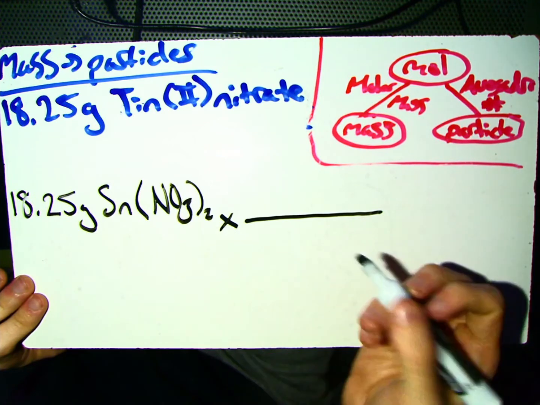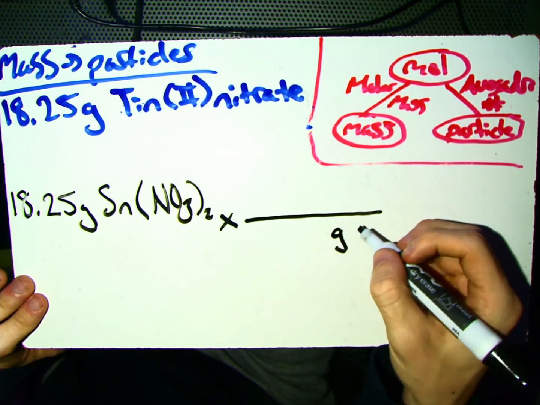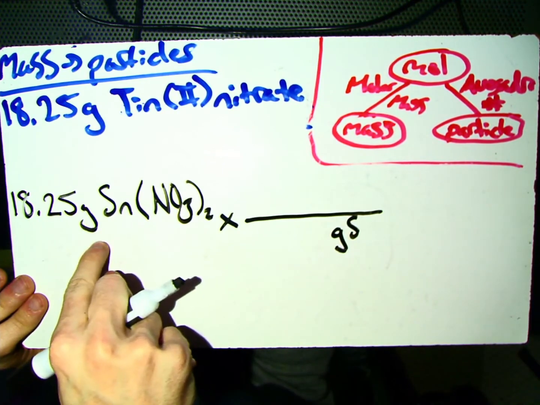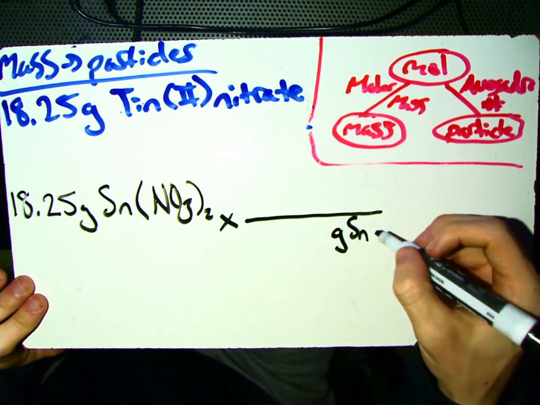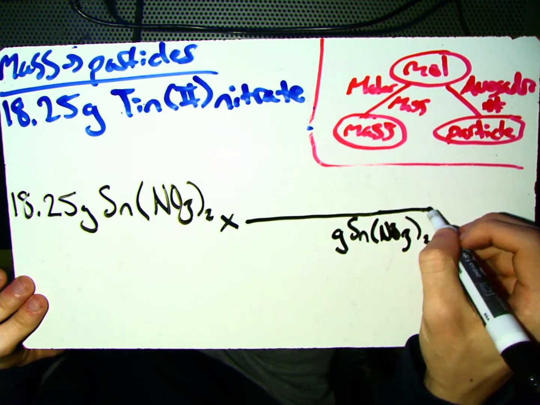Okay, well, we need to cancel out units. We know that our denominator is going to be grams, right? Because grams are in the numerator in our given, tin 2 nitrate.